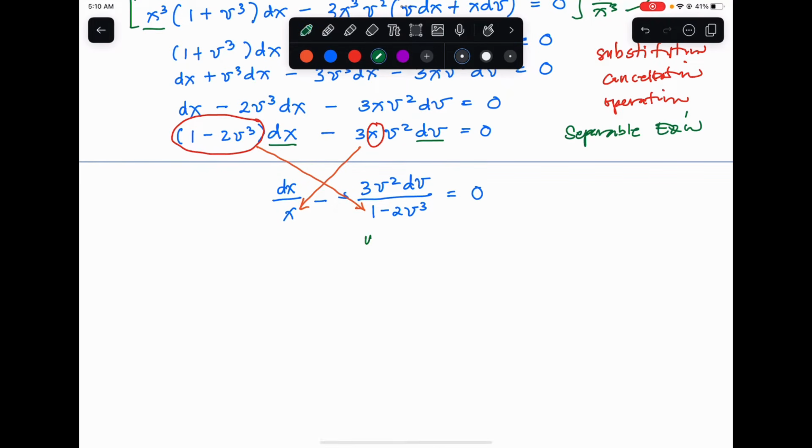So in here, our u will be 1 minus 2v cubed. So our du will be negative 6v squared dv. So we have v squared there.